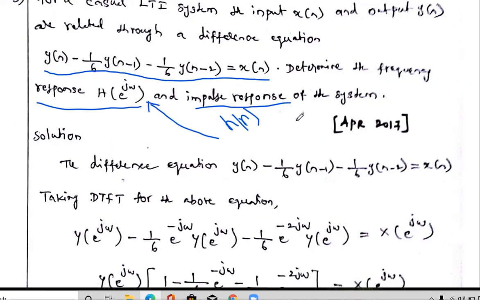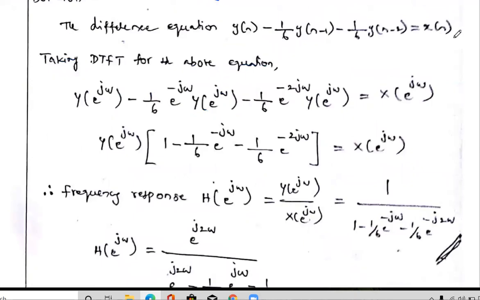So for the first one, you write the given difference equation. This is the time domain equation. In order to convert this time domain equation into the frequency domain, we have to take the discrete time Fourier transform, DTFT, for the above equation. What is the DTFT of the signal y of n? It can be written as capital Y of e power j omega.